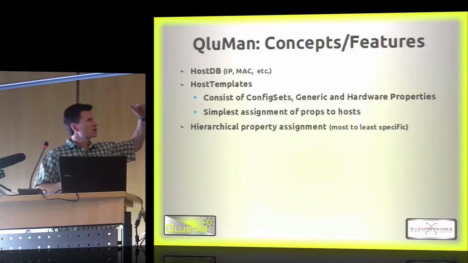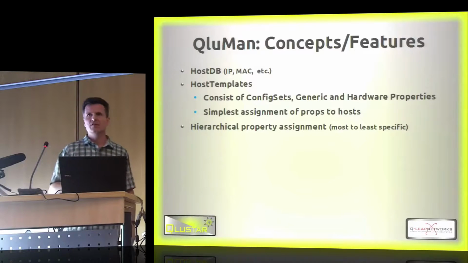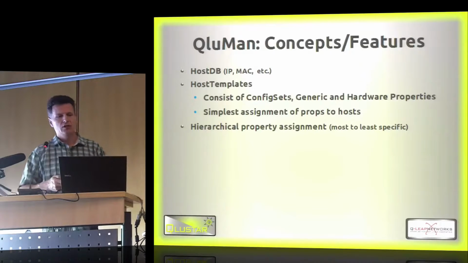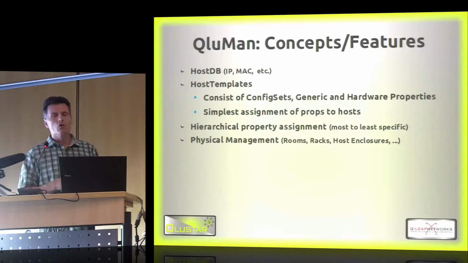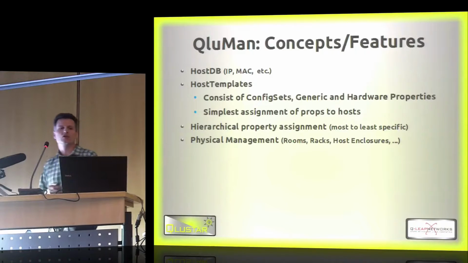So you have many different levels of being more and more specific, so you can have any kind of control over what kind of property a node really should get.